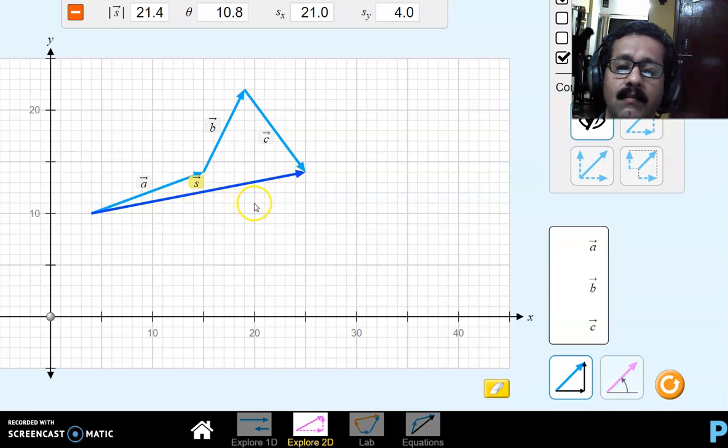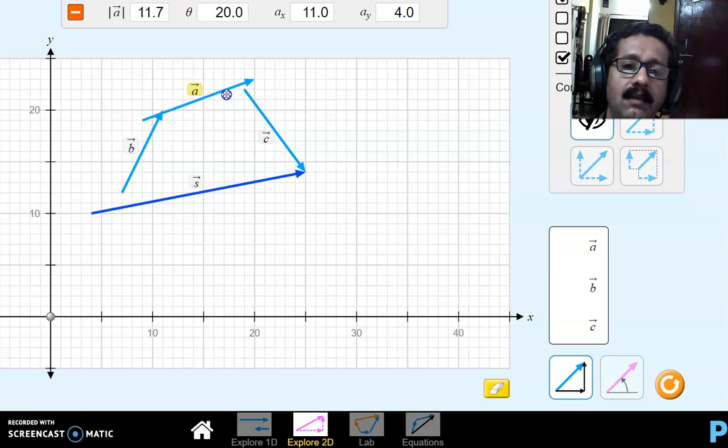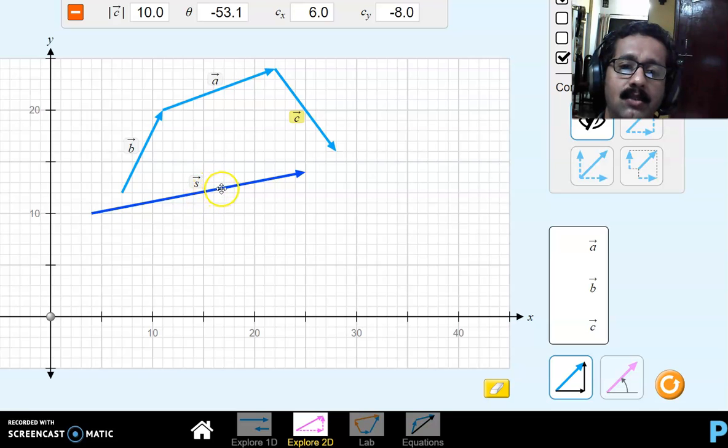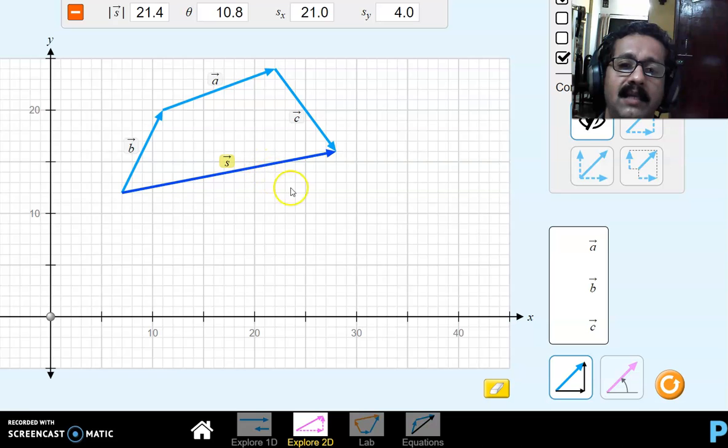If you even change the pattern A, B, C, and take B plus A plus C, maybe if I take B here, A here, and C here, then B plus A plus C also has to be the same thing. I'll just see, and yes, it matches.